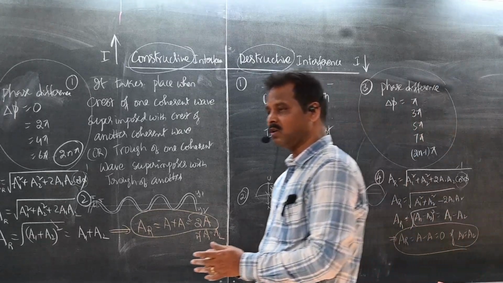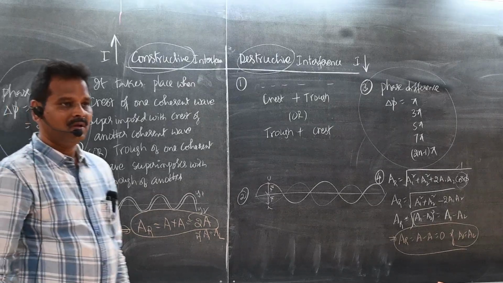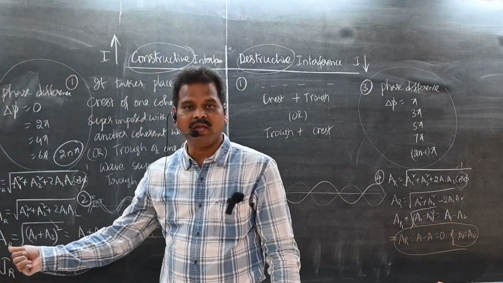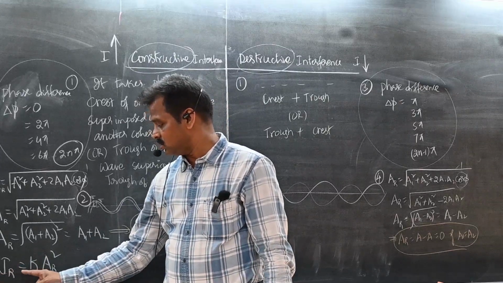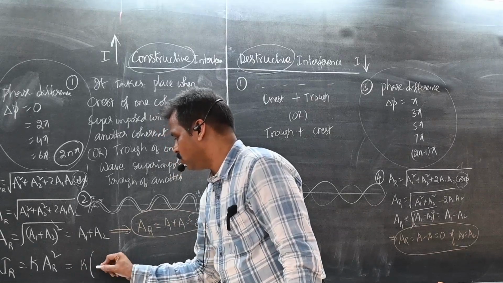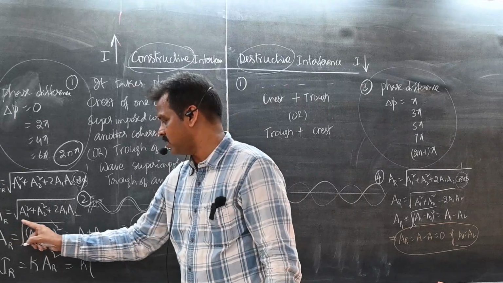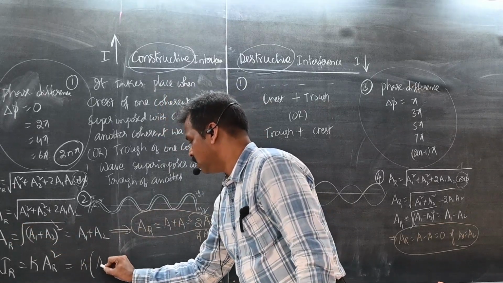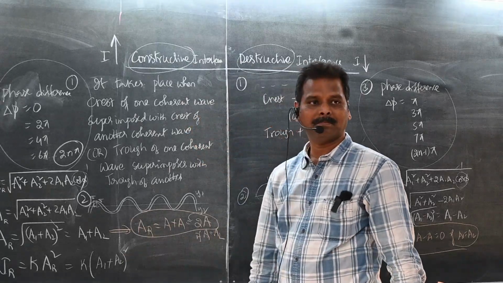Fifth one, most important one, intensity. So what is the resultant intensity? K into resultant amplitude square. What is K? 2 pi square f square rho v. We know that K value. So resultant intensity is equal to K into AR square. What is AR square? Squaring on both sides, K into (A1 plus A2) whole square.